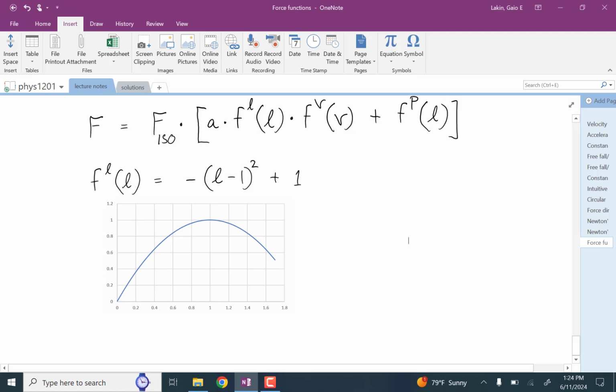The largest active force the muscle can provide is when the muscle is in its kind of middle resting length, and that's at this value of 1. And so when the muscle is really short, and then also when the muscle is really long, it can't generate as much active force. That just has to do with how many of those myosin and actin connections are made at that length.